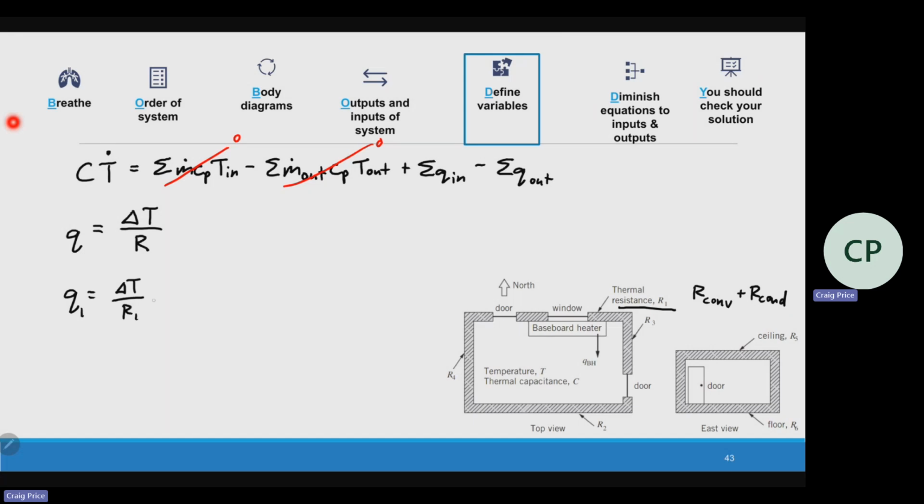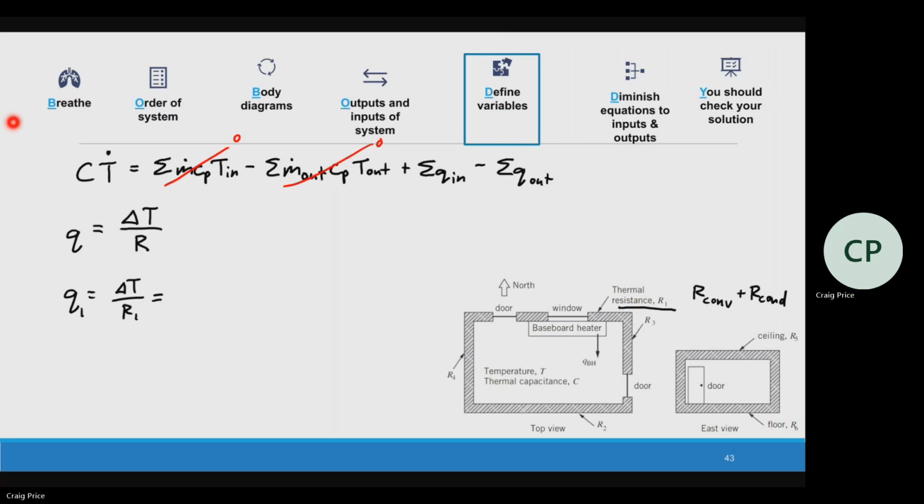What should delta T become? We're going from high temperature to low temperature. High minus low. What two temperatures do we have?